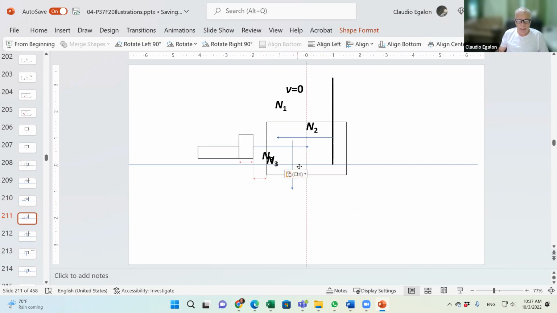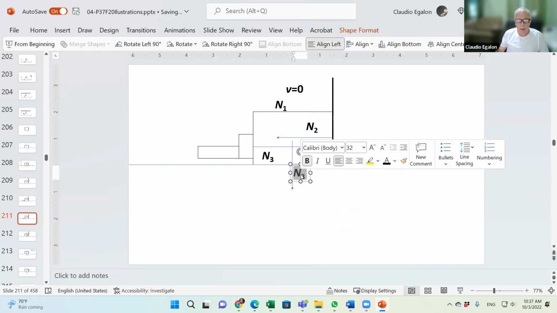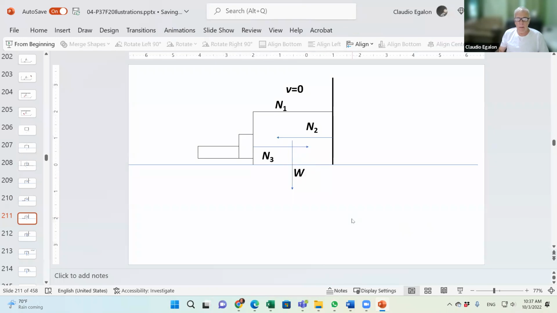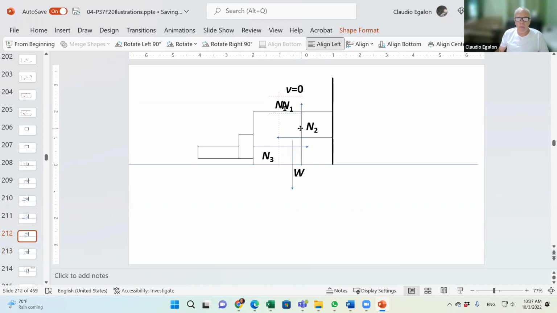I call that W. But because the object is at rest, we must have another force that I call N1 that's countering the weight. So those are all the possible forces that this block is subjected to.